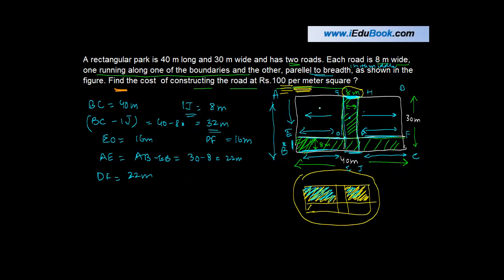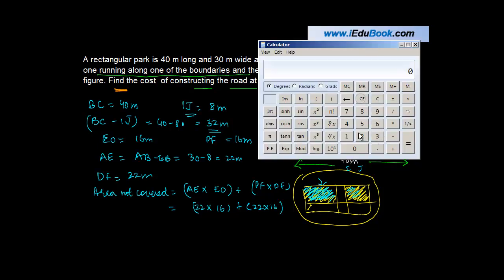So the area of the shaded portion which is mentioned here, the area not covered, is equal to AE into EO plus PF into DF. AE is how much? 22. EO is 16, plus 22 into 16. 22 into 16 is equal to 352.